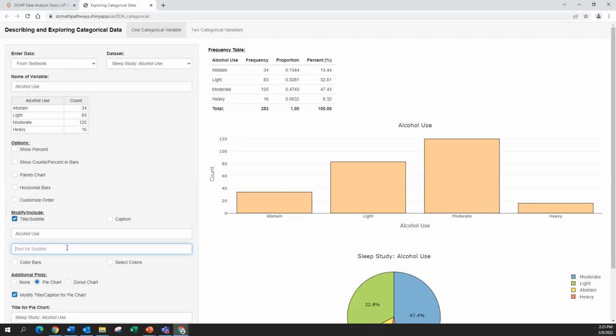We could put in a subtitle. So we could put in that 253 students again. You don't have to with a bar graph because we could add up the heights of the bars and we could see that. So it's not as hidden as it is with a pie chart where you definitely need to include that subtitle.